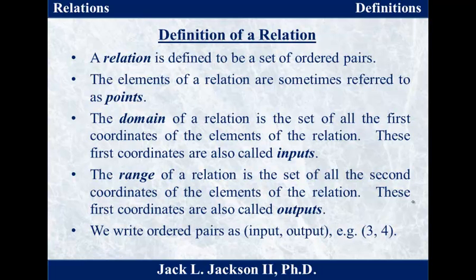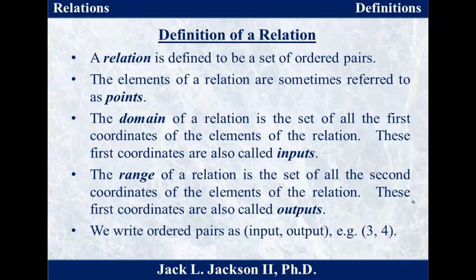The elements of the relation are sometimes referred to as points. The things that are in the relation, as in any set, are called elements, but we sometimes call them points as well. The domain of a relation is the set of all the first coordinates of the elements of the relation. These first coordinates are also called inputs.